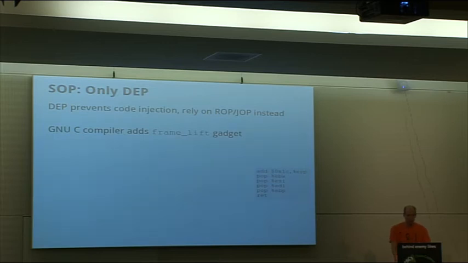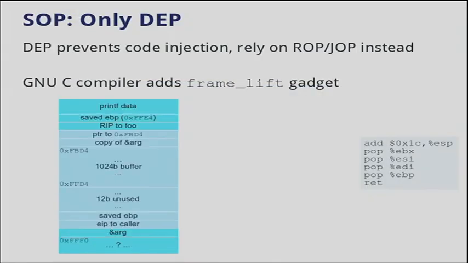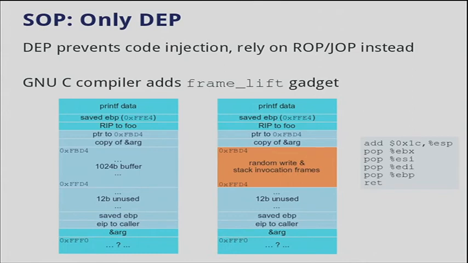With that little gadget, we can do some nice things, like once again we have our three frames, and we look again at the foo frame in the middle, and we place our random write and our stack invocation frames in our buffer.